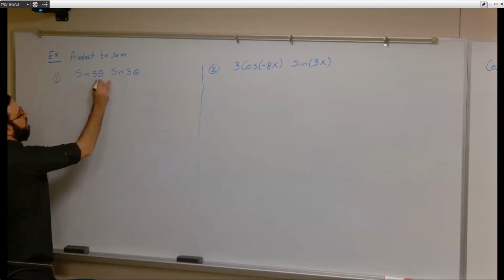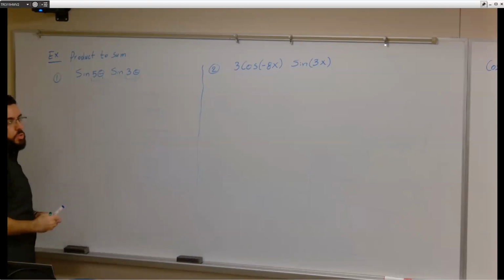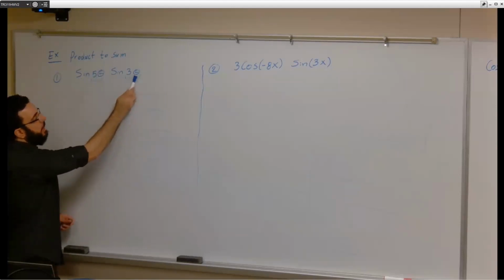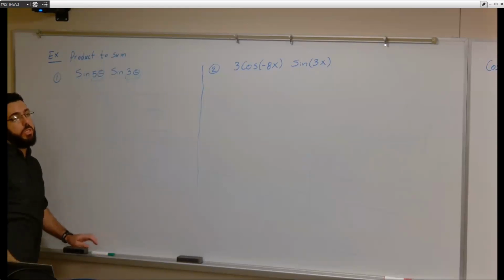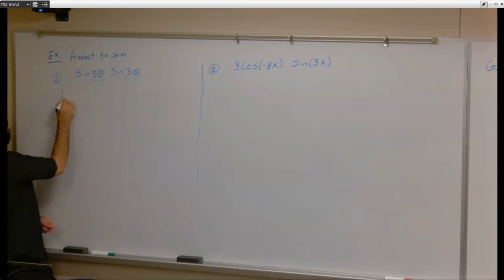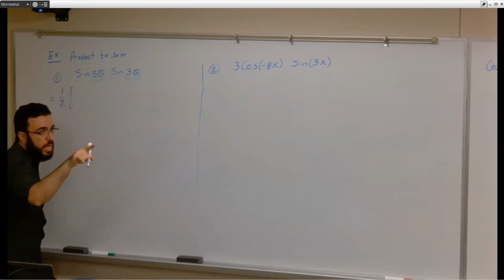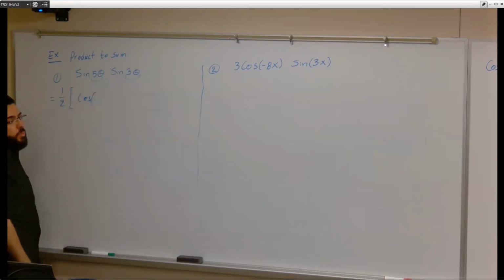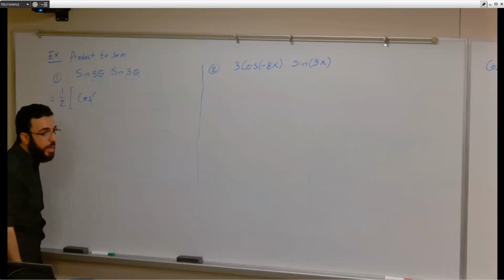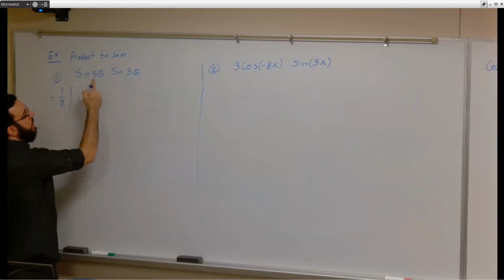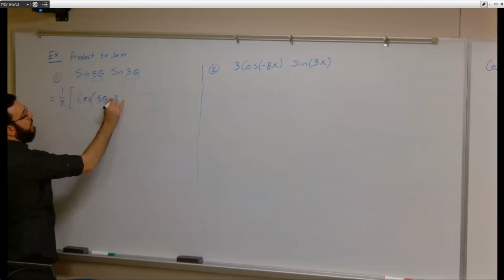Here is my first angle, and here is my second angle. So I'm going to use the first formula: sine 5 theta, this is my first angle, sine 3 theta, this is my second angle. Look at the formula, it says half. Put it to the sum, so it's going to be half. I'm going to open a bracket, and it says cosine. What's the first part? U minus V. This is the U and this is the V. That means 5 theta minus 3 theta.